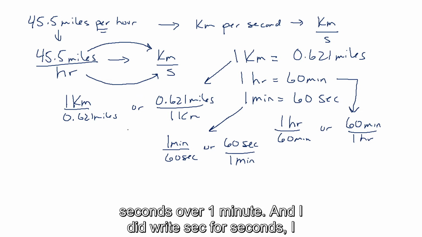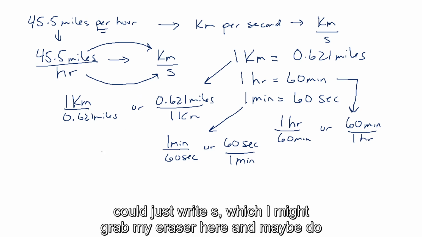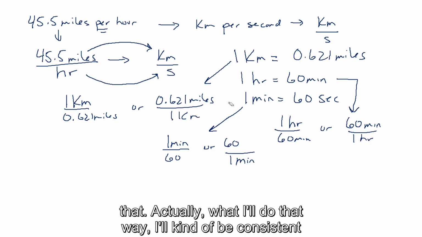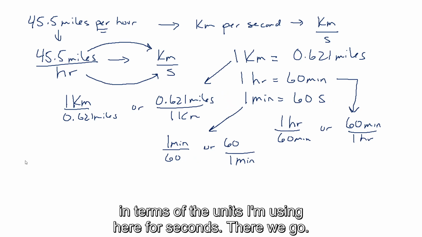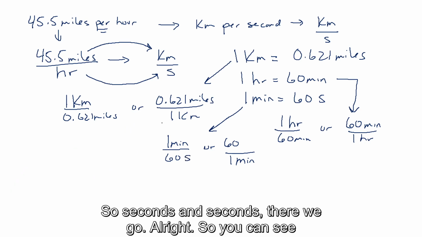And I did write SEC for seconds. I could just write S, so I'll grab my eraser here and do that, that way I'll be consistent in terms of the units I'm using for seconds. There we go. All right.